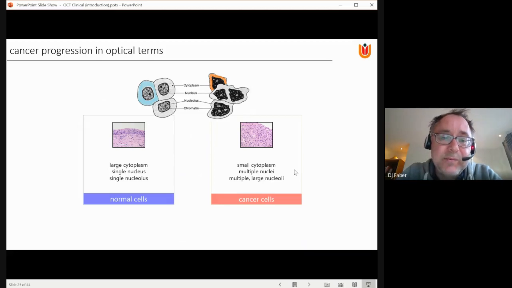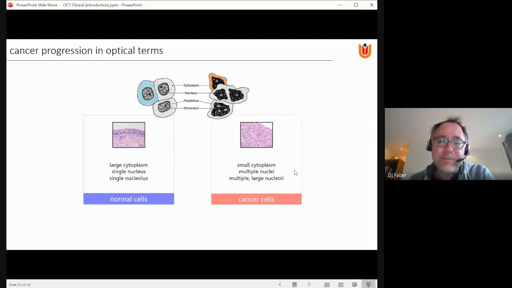Normal tissue would have a large cytoplasm in the cells, and a cancerous cell would have a small cytoplasm. Normal cells would have single nuclei per cell. Cancerous cells could have multiple nuclei. Also for nucleoli, also for mitochondria, there are going to be a lot of intracellular changes already when cancer develops.